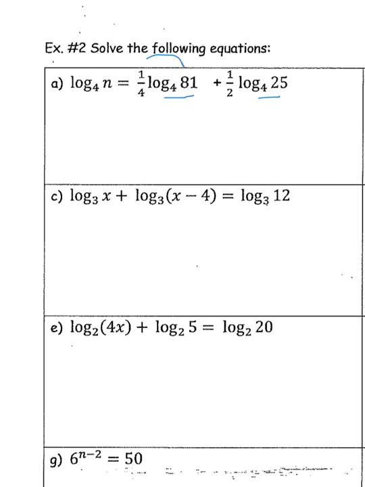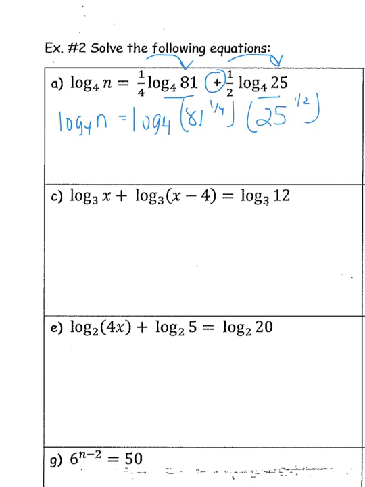If you notice, I see a power property on each of these, and then I see a plus sign, and if you remember, plus means to multiply. So I'm going to bring the powers up, and I'm also going to multiply those. So you're going to get log base 4 of n equals log base 4 of 81 to the 1/4 power, but we're going to multiply that by 25 to the 1/2 power.